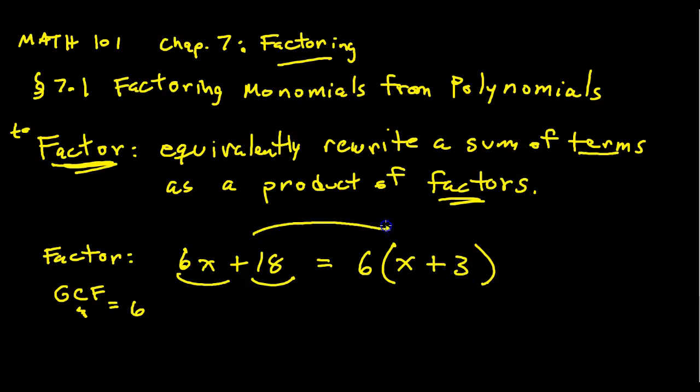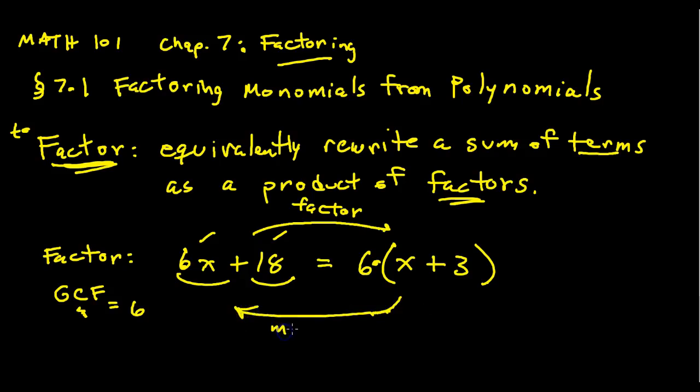Notice, if I'm working in this direction, I'm factoring the expression on the left, taking a sum and rewriting it equivalently as a product. We could check it. 6 times x is 6x, and 6 times 3 is 18. So working right to left, we can factor.